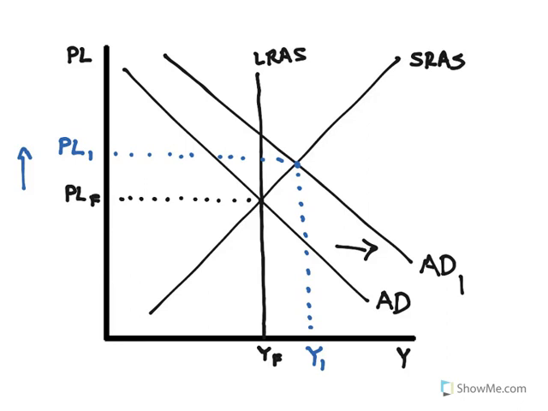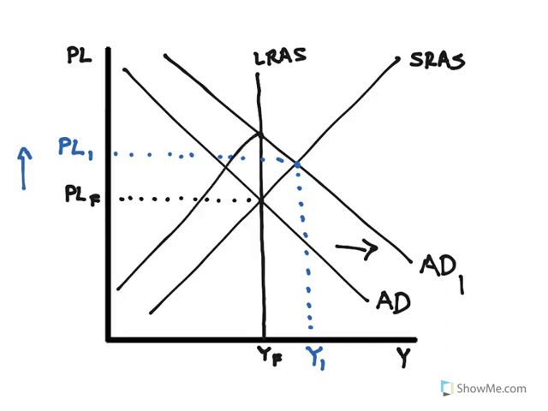So we're going to have a new SRAS curve that goes through long run just like this, SRAS1 left, and we are back to full employment and full employment output. The only difference between where we started and where we finally end, I'll do this in green, is that we now have a higher price level at PL2.